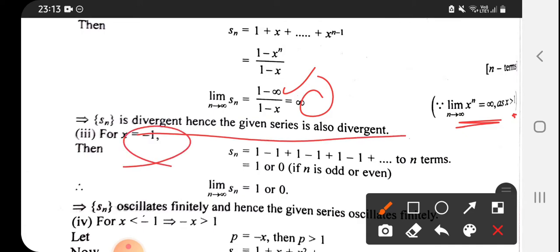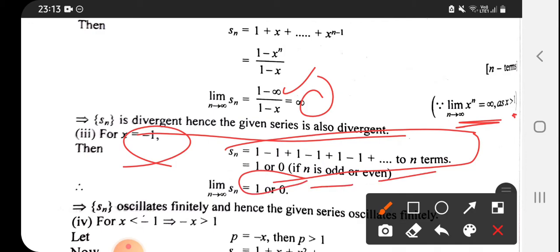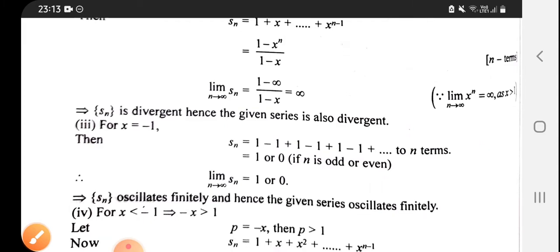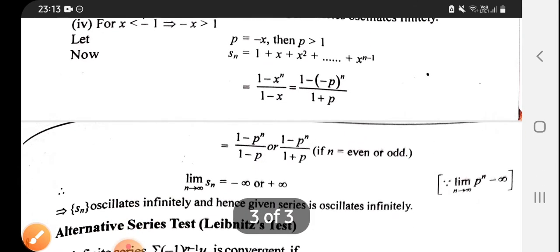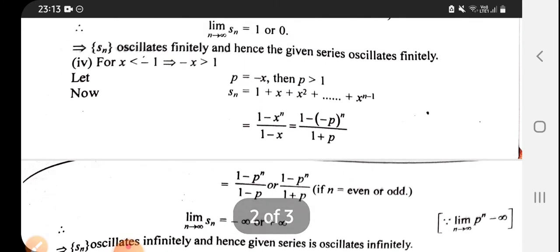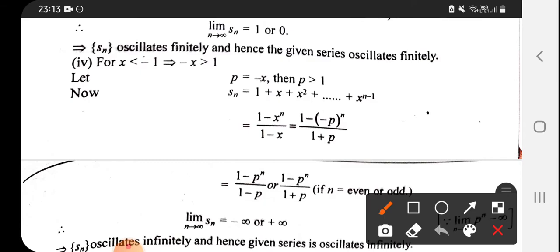Now for x equal to minus 1 we get an oscillatory sequence. As n tending to infinity, Sn becomes 1 or 0 as n is odd or even. Now for x less than minus 1, that means minus x is greater than 1, and with the help of the sum formula we get this form.